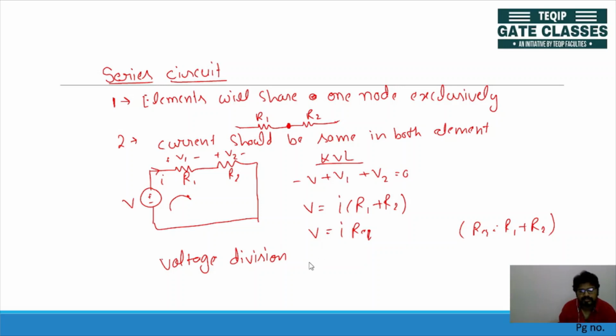So we can write V1, that is the voltage across R1, equal to source voltage into the resistance of the same branch across which we have to calculate the voltage, that is R1 divided by R1 plus R2. And for V2, that is the voltage across R2, source voltage V into R2 divided by R1 plus R2.